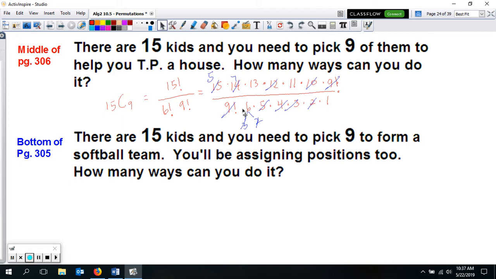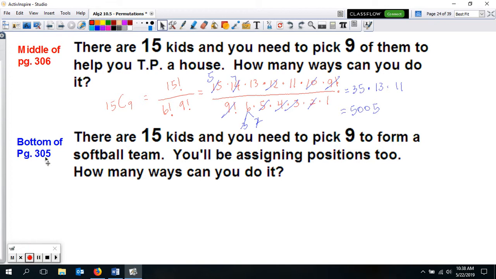So we can just start simplifying as much as we can. So now we have 5 times 7 times 13 times 11 on the top, and everything's been crossed out except 1, so it's just over 1. So it's 35 from 5 times 7, times the 13, times the 11. Multiply that on the calculator, and we would get 5,005. So there's 5,005 ways to do that.